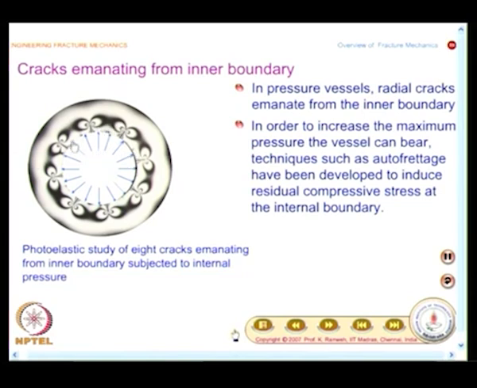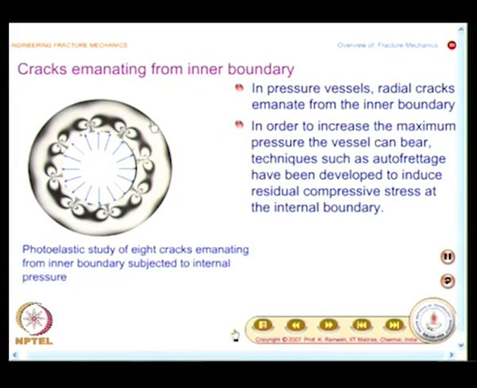Suppose I want this to withstand a higher pressure, techniques such as autofrettage have been developed, which induce residual compressive stress at the internal boundary. So, if I have a residual compressive stress at the internal boundary, the possibility of cracks growing from the inner boundary will be diminished.